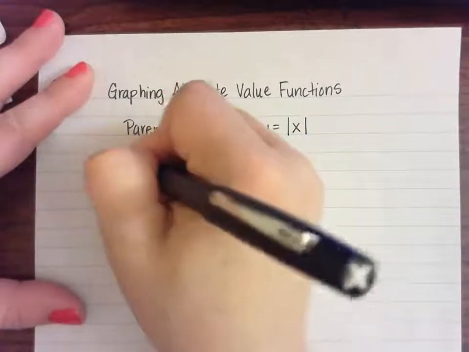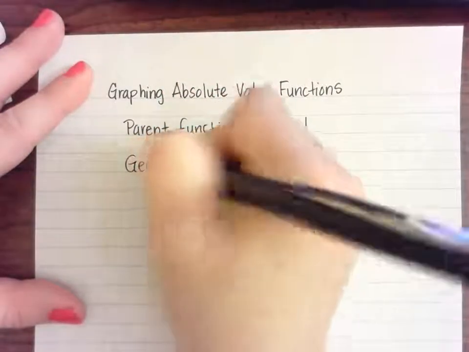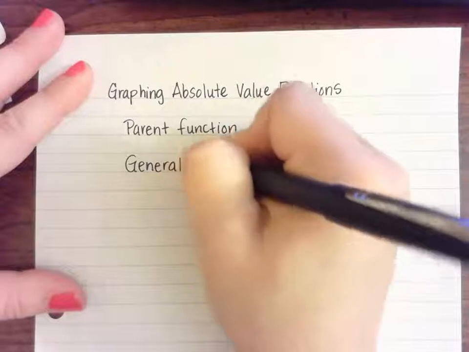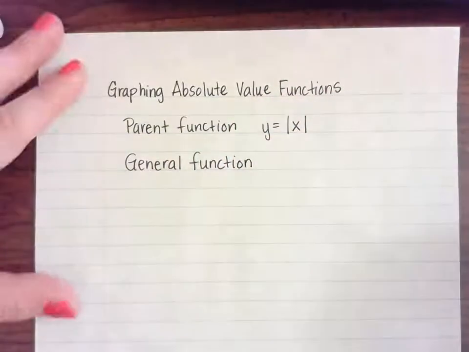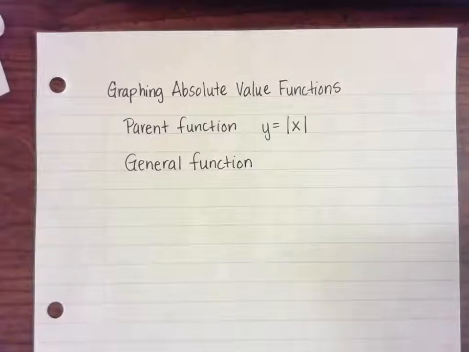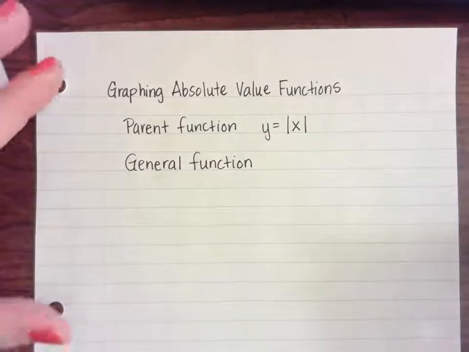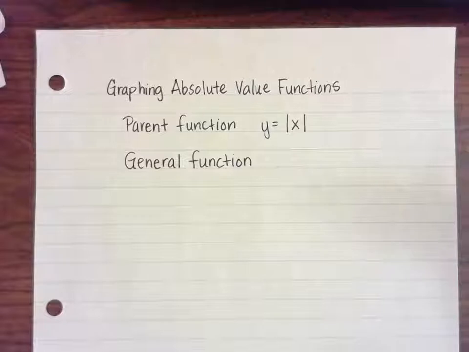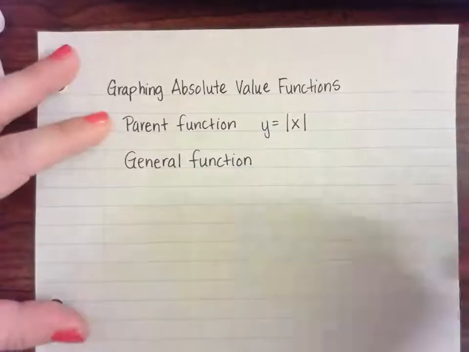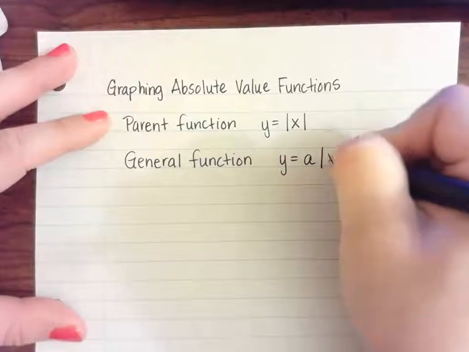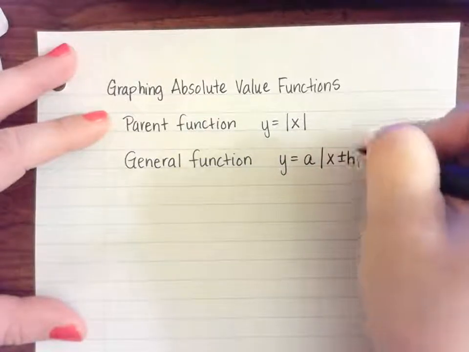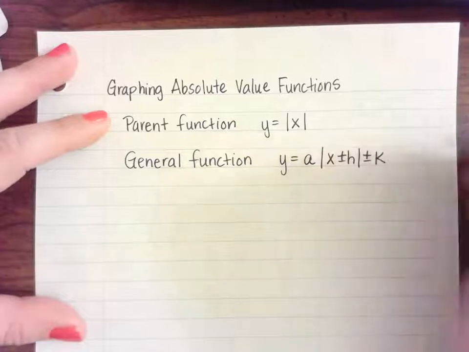Your general function that helps us figure out how it moves, and another way, a mathematical word for how a function moves is called a transformation. So when you see the word transformation on your test, I'm just asking you to tell me how it moved. So your general function is y equals a times absolute value of x plus or minus h plus or minus k.